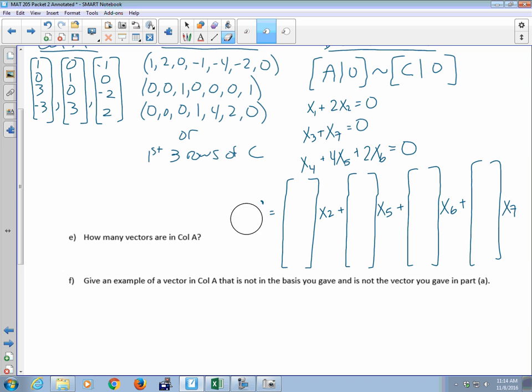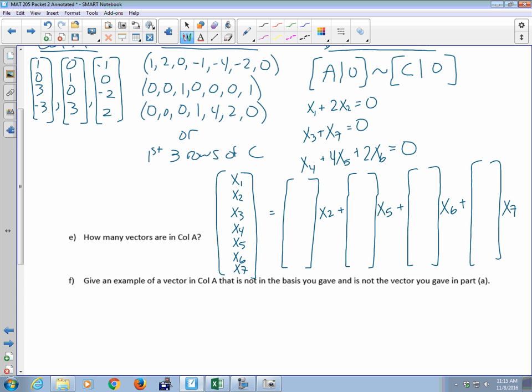I think I like writing this as x1 through x7. Okay, so x1 is negative 2x2. So I put a negative 2 in the x1 spot, and I put zeros everywhere else. Okay. x2 is a free variable, so the x2 vector gets a 1, everything else gets a 0.